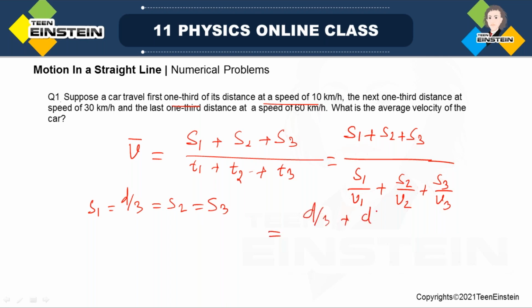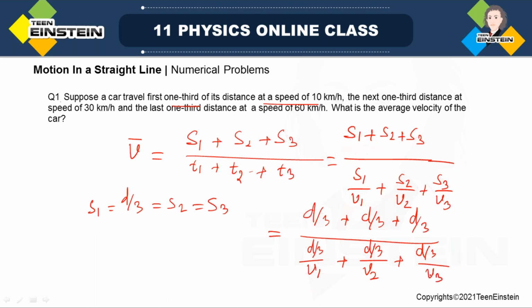So D by 3 plus D by 3 plus D by 3, because in each case it is 1/3 of the distance. I have taken the total distance as D, so D by 3. Here also I'll be writing D by 3 by V1 plus D by 3 by V2 plus D by 3 by V3.